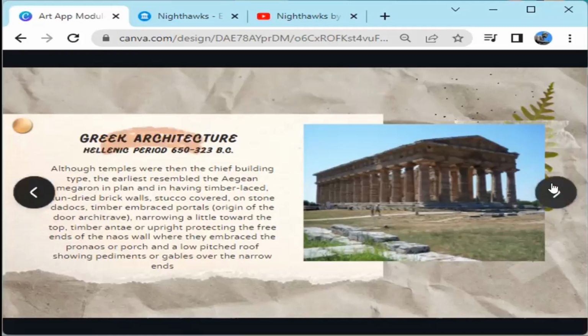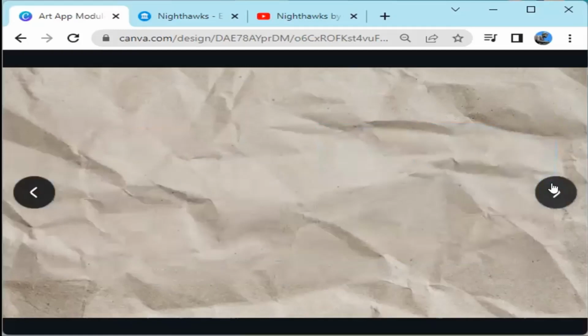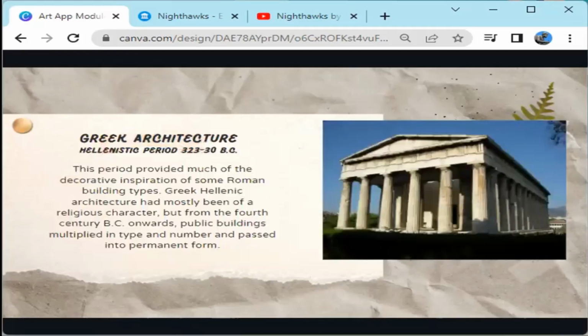Ngayon, nung Hellenistic period, nag-iba yung function ng mga temples. So, originally, of course, para sa gods and goddesses, but what happened during Hellenistic period, yung mga architecture na to sinimulan ng i-replicate para gamitin naman for other purposes.